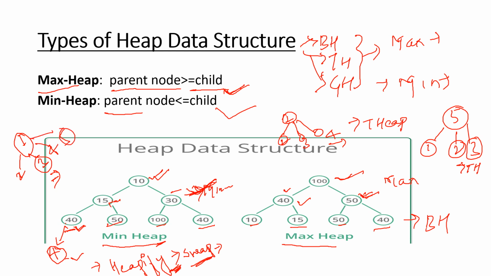So how many children? 4 children. So this is a general heap, a general min heap, but the tree is a general tree. Opposite, if you do that, 5 becomes the root node and 1, 2, 3, 4 become the children, so that will become the max heap. So this is all about the data structure, as well as binary heap, ternary heap and general heap.